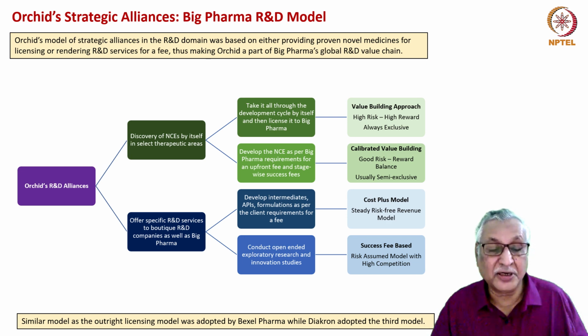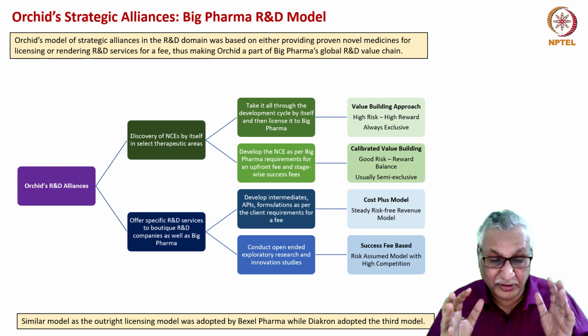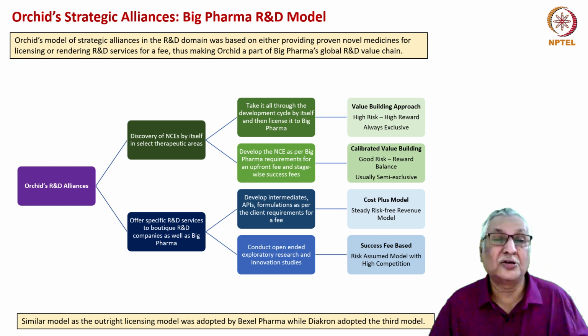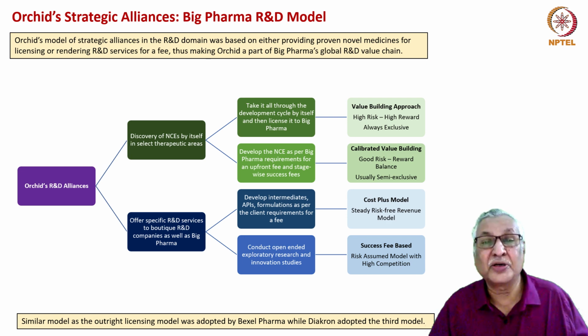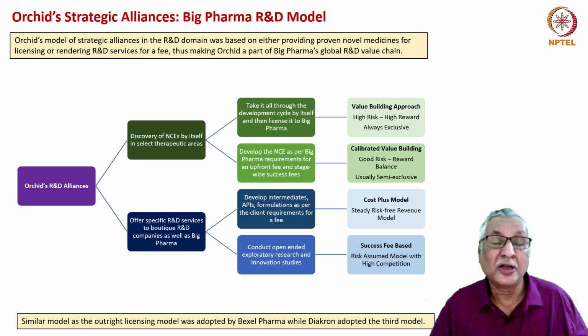Similar model as the outright licensing model was adopted by Bexel Pharma, while Dacron adopted the third model. So even in the exclusive field of R&D, Orchid innovated in terms of the business development approaches and came up with as many as 4 different approaches to cater to the requirements of big pharma or companies looking for R&D services.